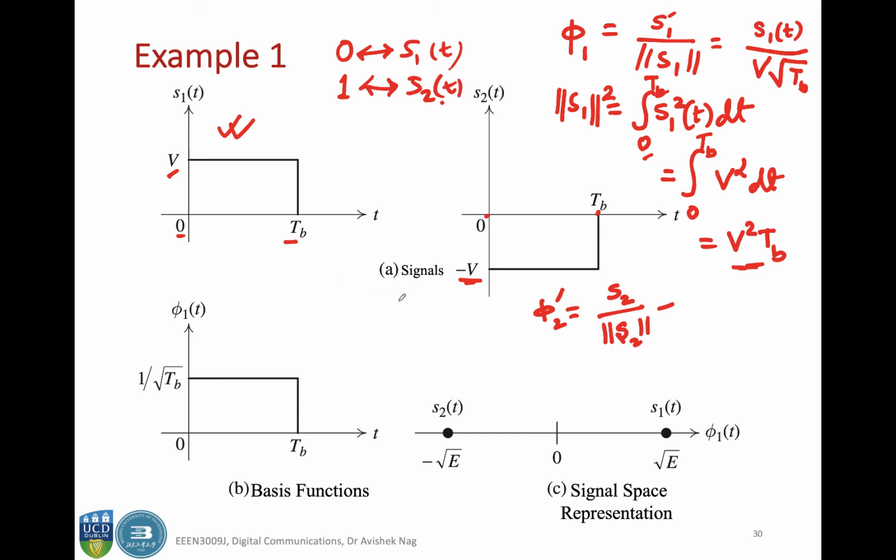The projection term is the projection of S2 divided by the norm of S2 on phi 1, so you multiply it with phi 1, integrate with dt, and then multiply the whole thing with phi 1.